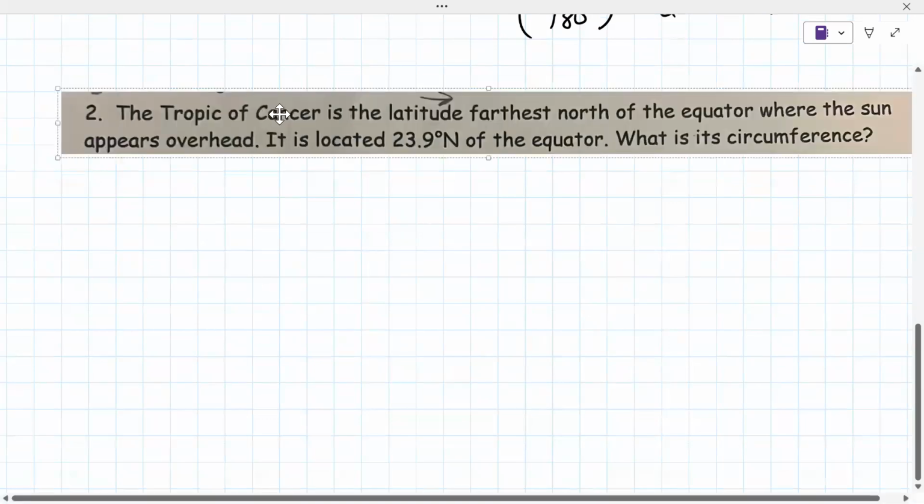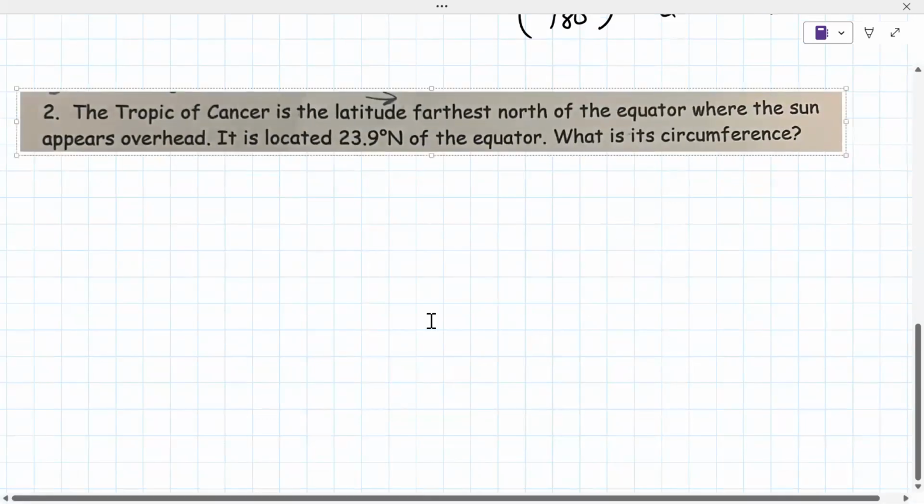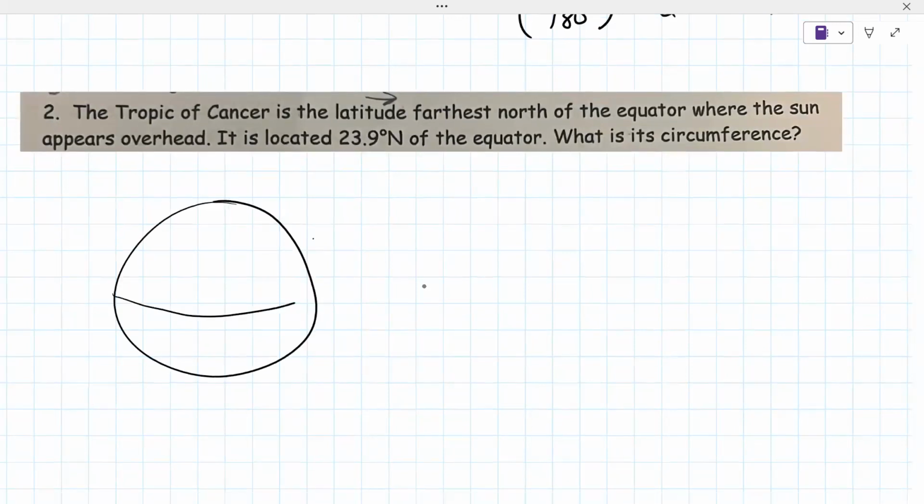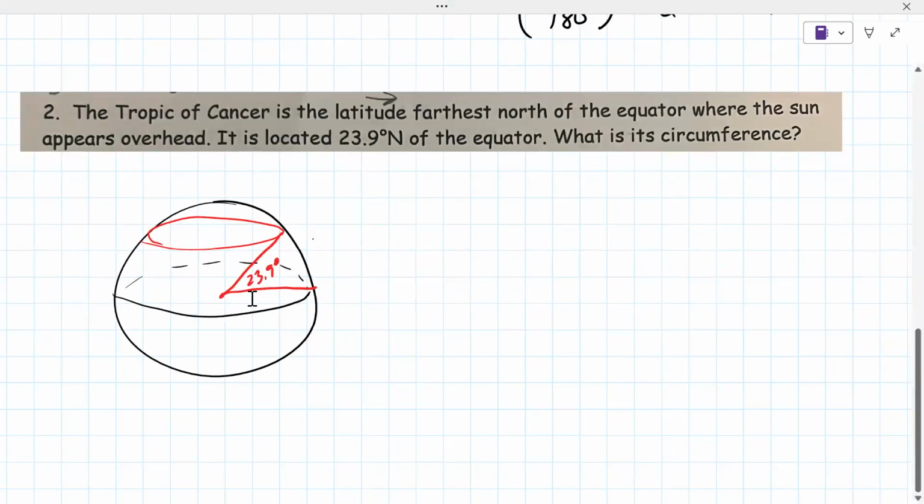The Tropic of Cancer, I believe if we were to look at a globe, is like a ring up here. Does that look at all like what you guys are doing in class? I've got to look this up. I don't remember.